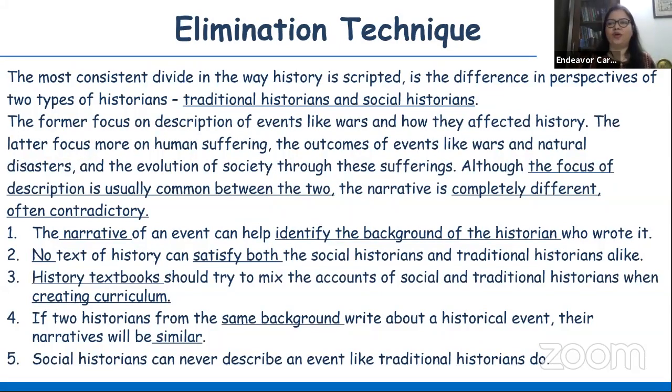Now, this is a case of not X, therefore not Y. Why is this not X? Two historians from different backgrounds. What does this option say? Two historians from the same background write about a historical event. What does the original say? Their narratives would be completely different. What does this say? Their narratives will be similar. So it's a direct refuting of the cause effect here.